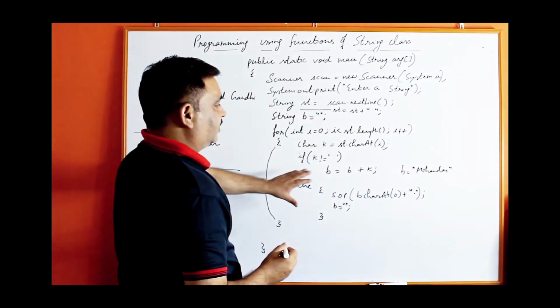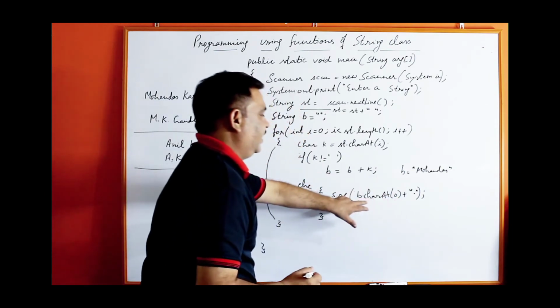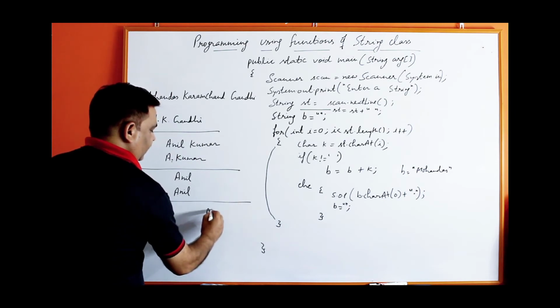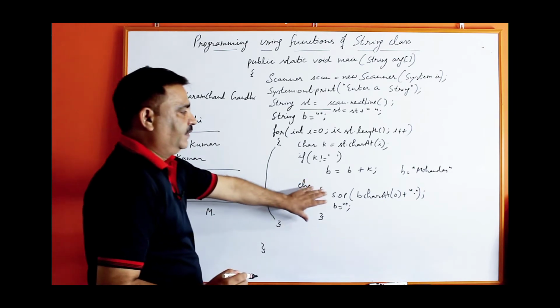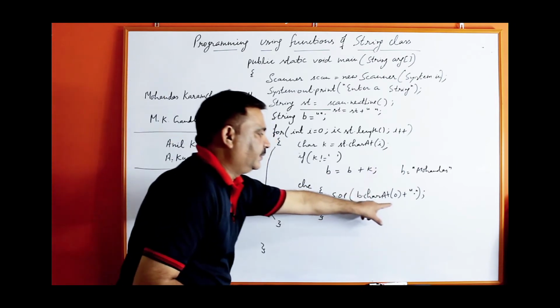So first character of the word Mohandas is M. So output will be, I am writing here, M dot will be printed. Instead of printing the word Mohandas, it will print M dot using this statement.